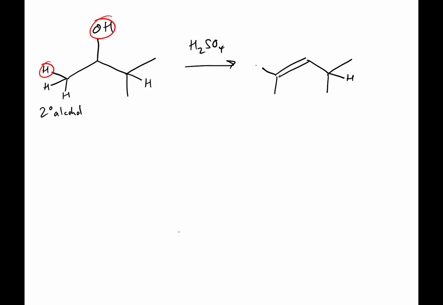There are still 2 hydrogens here, so I'll put them here and here. We've removed our OH group and replaced it with a double bond. And again, if we want to draw the bond line, we have this. All right, now what if instead, I redraw the same molecule.